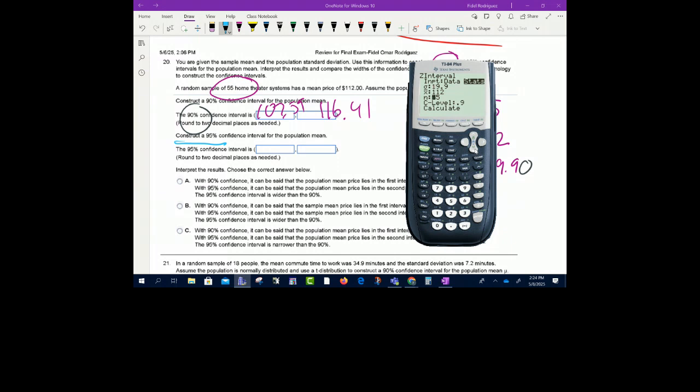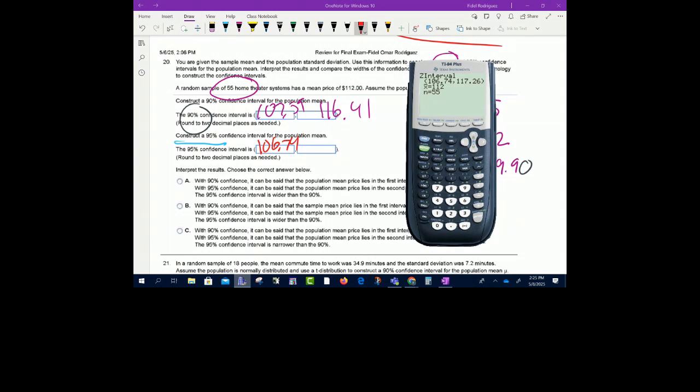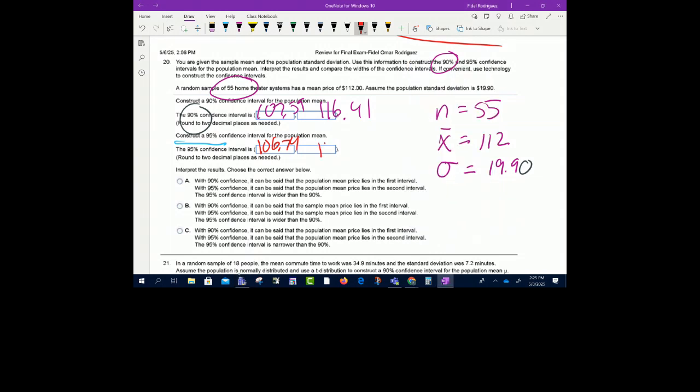The only thing I'm going to change, my friends, right here, confidence level, 95%, change it to a 0.95, hit calculate. And again, they're asking me to go to 2 decimal places, which is exactly what we have. So I'm going to say this is 106.74. I believe that was the number. And 117.26. Okay. All right.